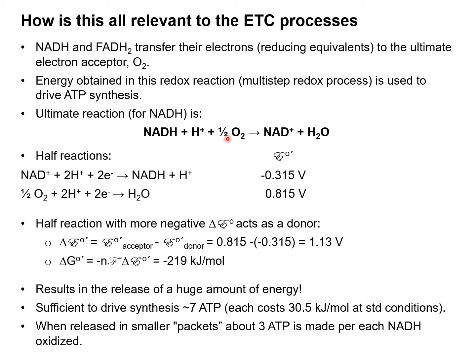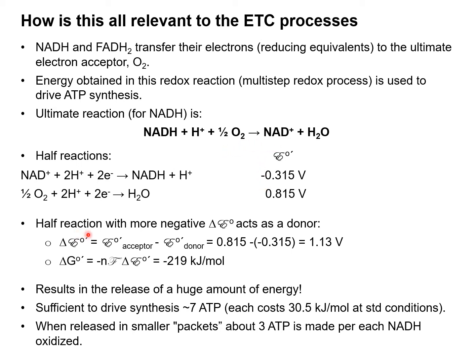If you divide this reaction into two half reactions, these are two reduction reactions, one for NAD plus and the other for the oxygen molecule becoming the water molecule here, and the E naught prime values are reported right here. When you look at these E naught prime values, you can tell how the reaction goes, whether it's going to be forward or reverse.